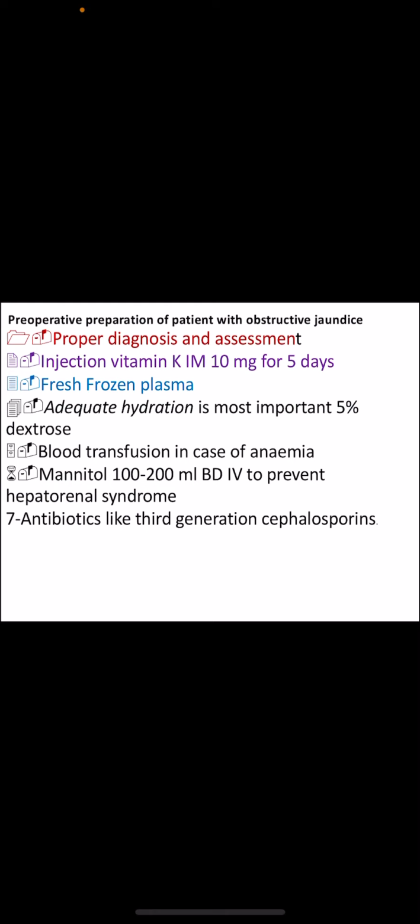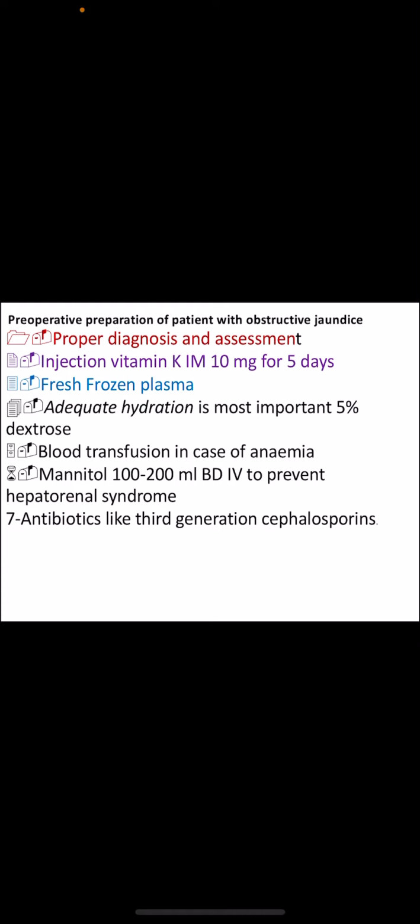Sometimes we give them fresh frozen plasma. If they are anemic we also need to give them blood. We give them good hydration, good support for the liver and mannitol, as we said, 100 to 200 cc of mannitol 12 hourly.